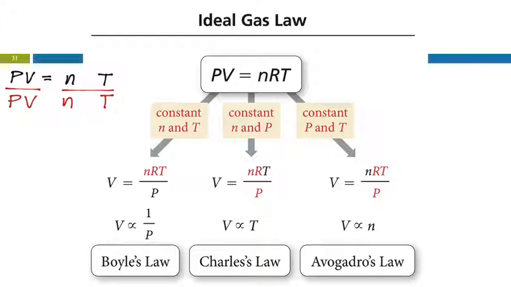So we've got the black values and the red values. If, let's do this one. If the pressure and the temperature are constant, so if the pressure before and after, we could think of these as 2s and 1s.